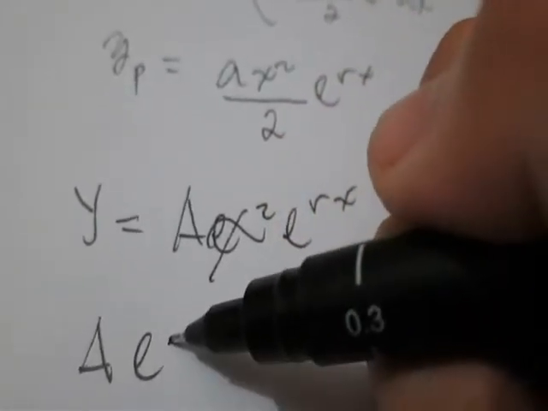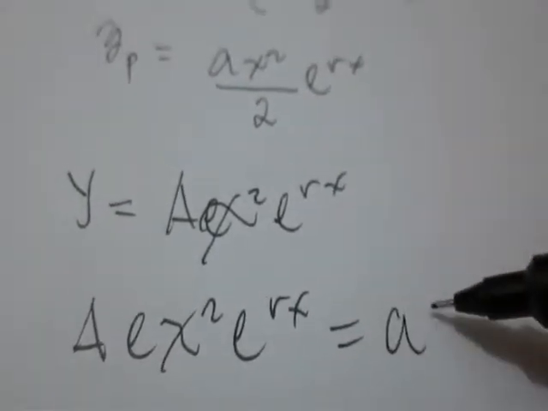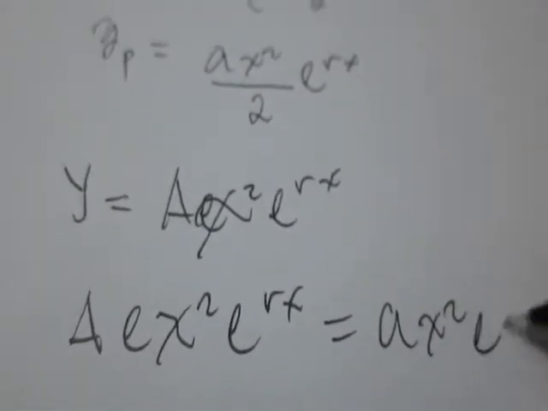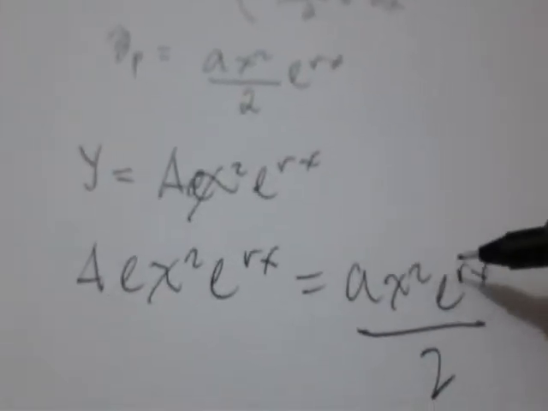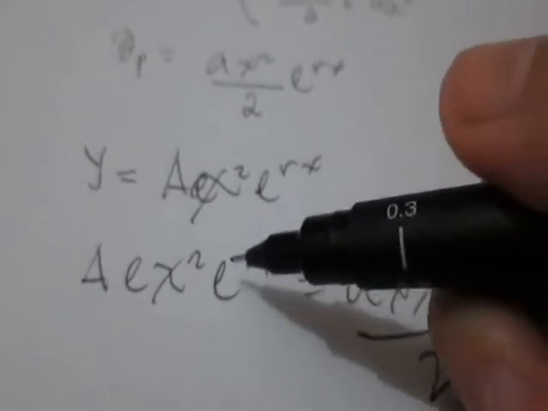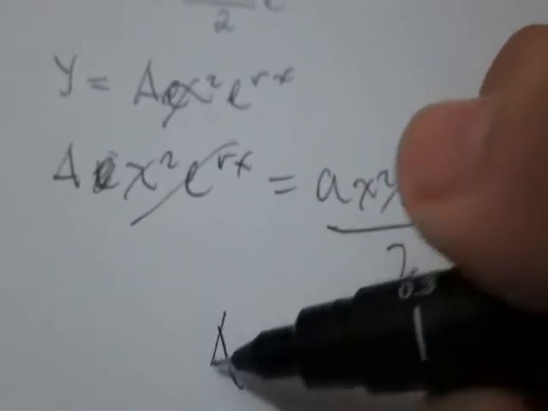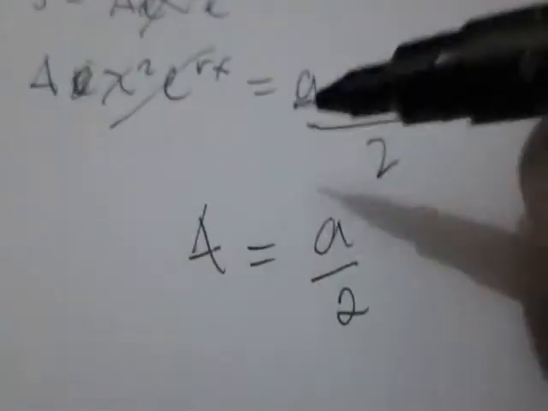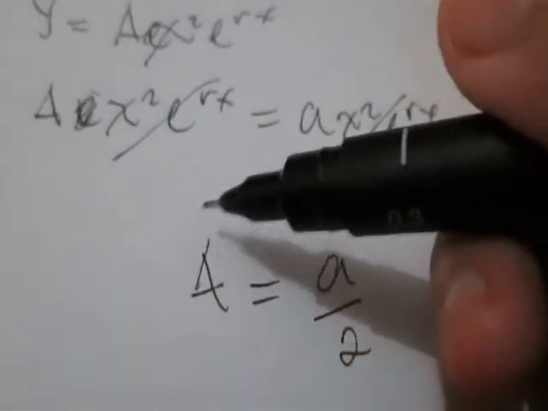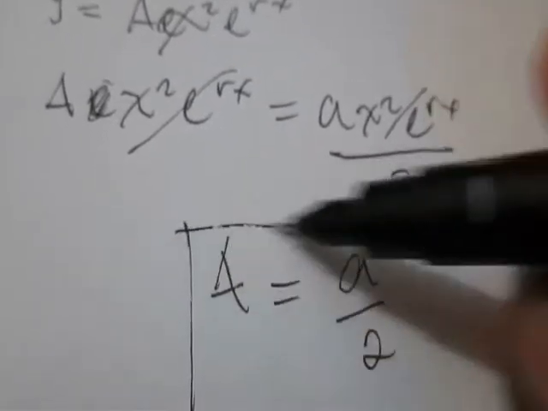So A x squared e to the power of rx equals a x squared e to the power of rx over 2, and this term here will cancel out, and we can get our A, which is equal to a over 2. And this just shows that A can always be determined.